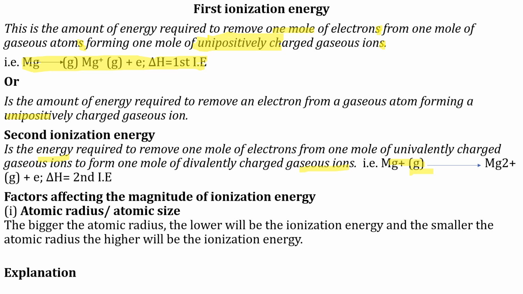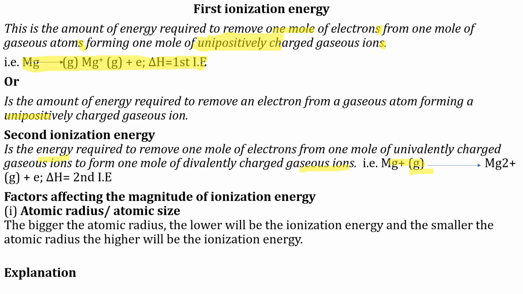So it is the energy required to remove 1 mole of electrons from 1 mole of univalently charged gaseous ions. We say univalently charged gaseous ions because first ionization energy is the one that first takes place, and it gave us univalent, or positively charged, gaseous ions. So removal of electrons from these positively charged gaseous ions will take us to dipositively, or divalently, charged gaseous ions.